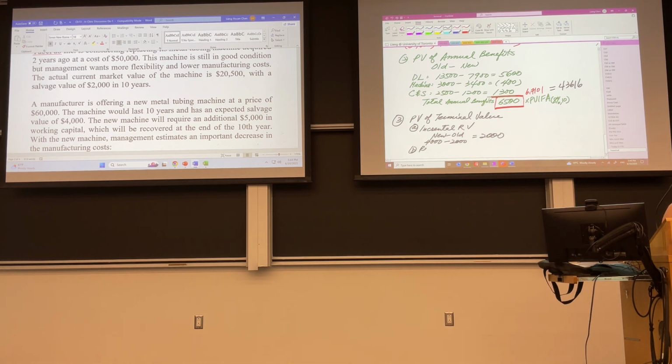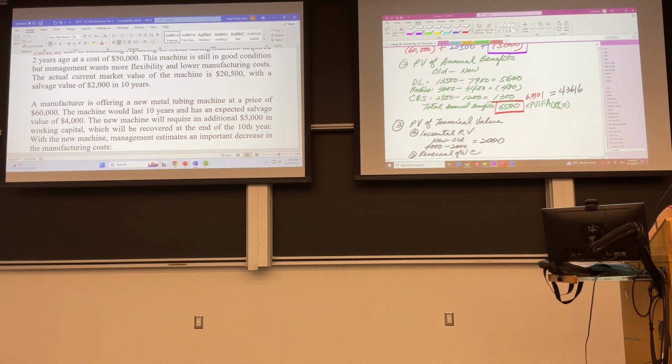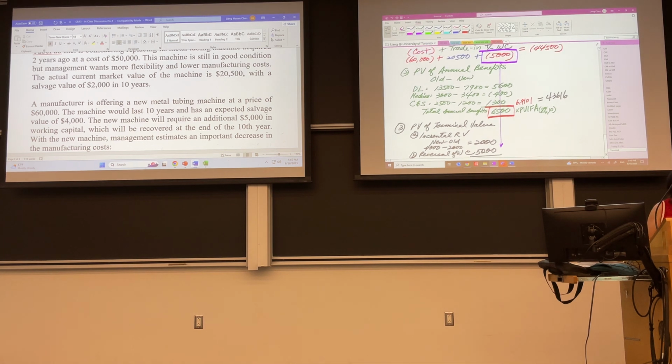B, reversal of working capital accounts. Okay, working capital accounts in the beginning is negative. So the end should be positive. Beginning negative, the end reverse, positive.